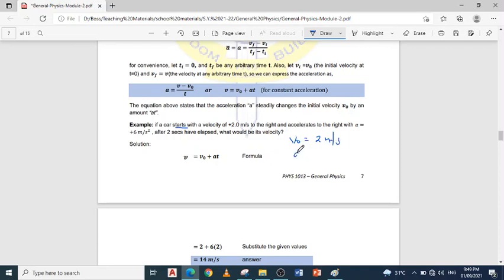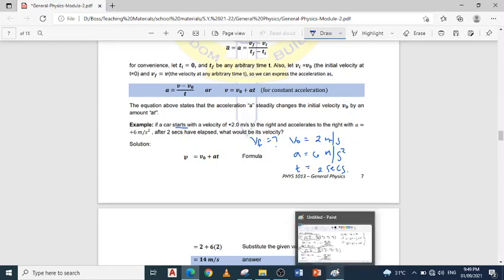And then, acceleration natin is 6 meters per second square. And we also have the given time, which is 2 seconds. Okay? What would be its velocity? Ang tinatanong dito is the final velocity. So, tignan natin.